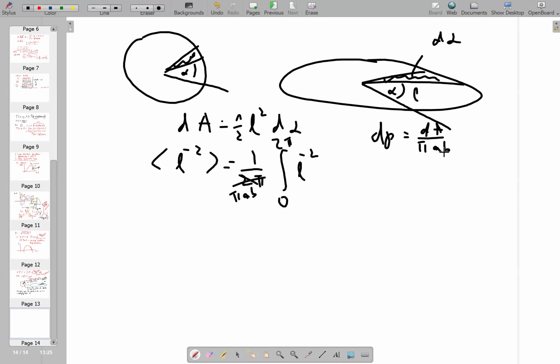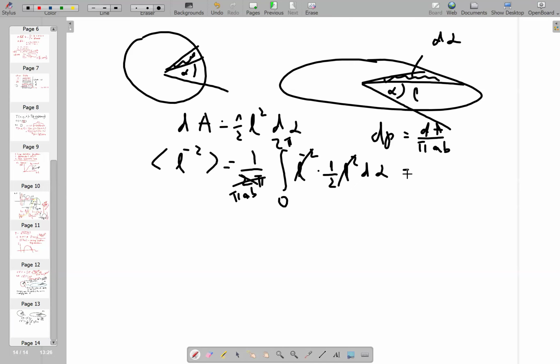L to minus 2 and then multiplied by that 1/2 L squared d alpha. Here you are, L cancels out. And now this integral d alpha is what? This is pi.